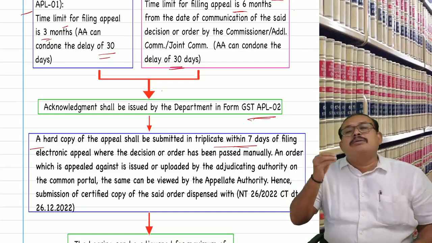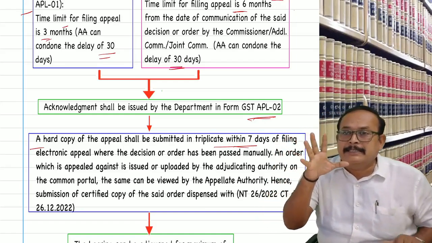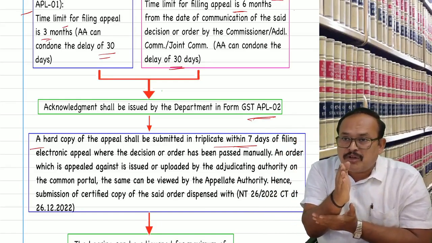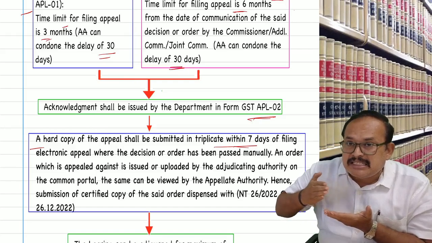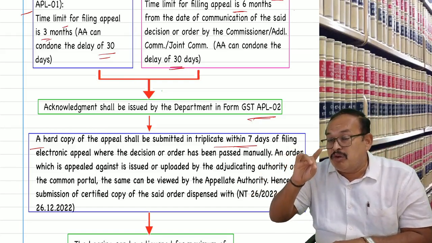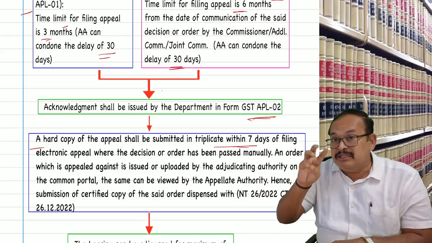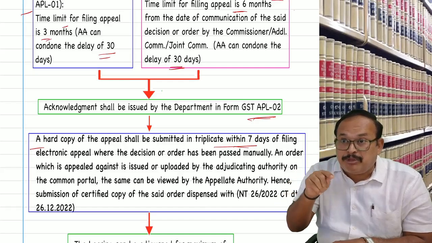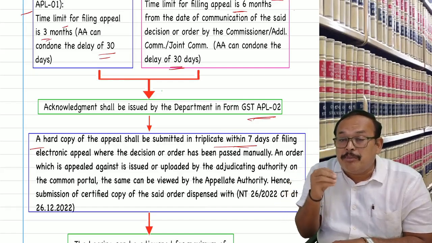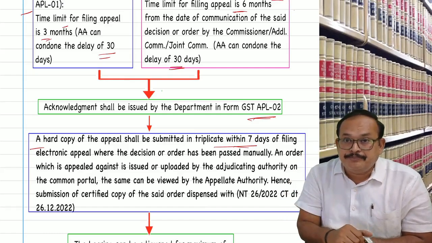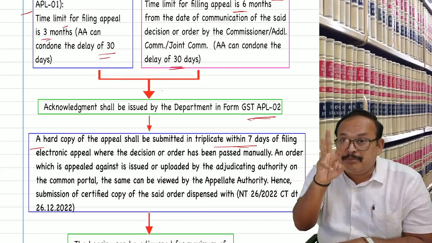If, within 7 days from the date of uploading the appeal soft copy to the system, you file the hard copy, then you are filing the appeal within the 3 months time period from passing the order. For that purpose, the date of filing the appeal soft copy is the date of filing for the 3 months time period.